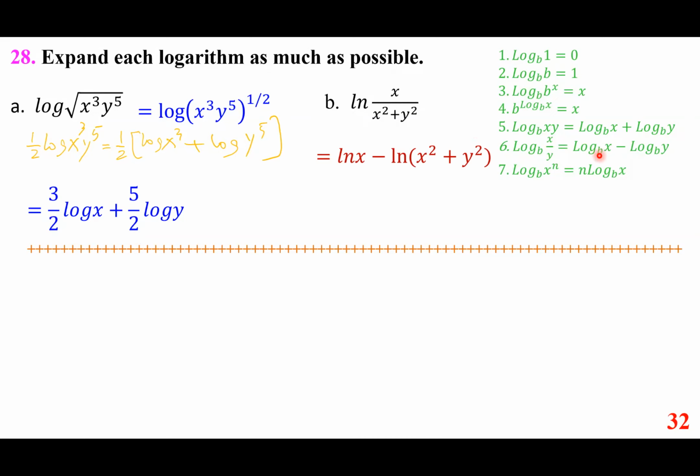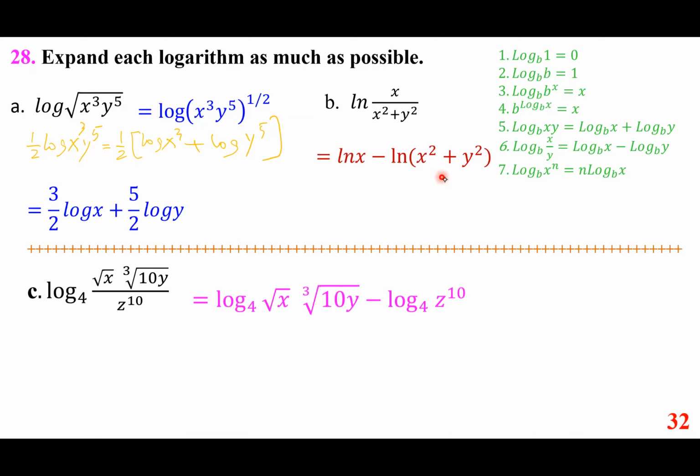We're looking at the quotient rule. ln of the top minus ln of the bottom, and there is nothing else we can do. Let's do the same thing, log of the top minus log of the bottom first. Let's make some changes.